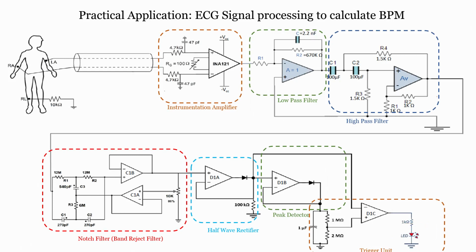So, now what do you see? You see that integrating all the circuits together forms a signal conditioning unit, right. This is how the ECG would work. In the next module we will see two different aspects.